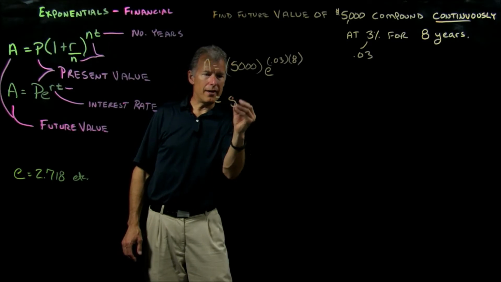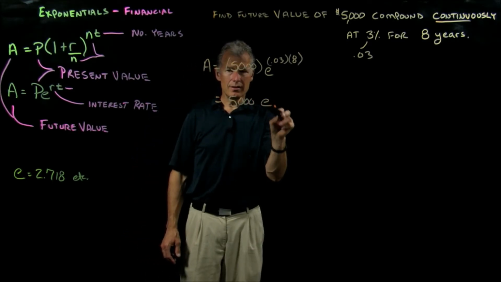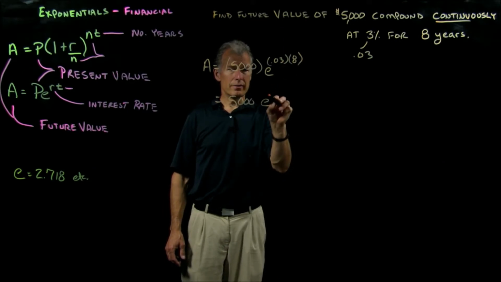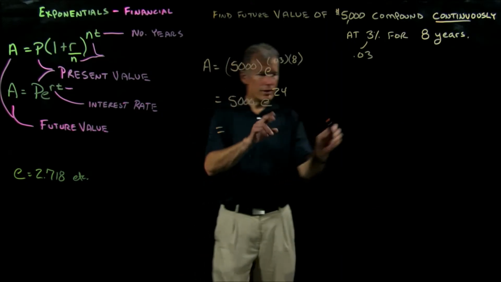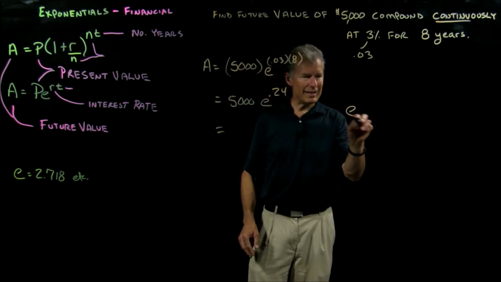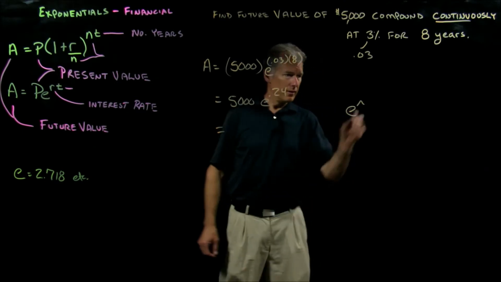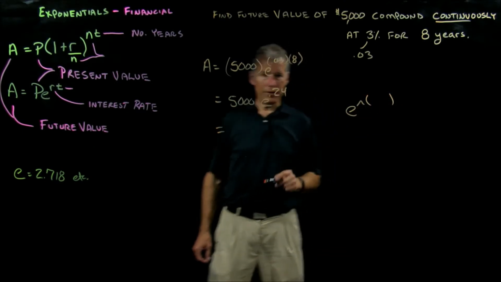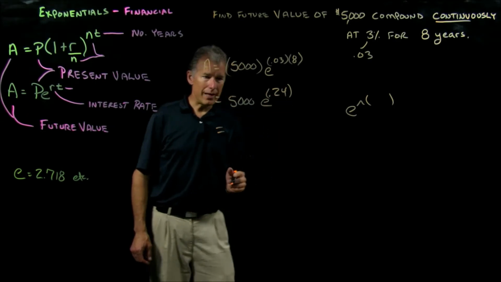So I have $5,000 times E raised to the power of 0.24. Now take your calculator. Some of you might have it as E raised to the caret, something like that. It depends on your calculator, and you'd want to put some parentheses around that 0.24, depending on how you choose to put that in.